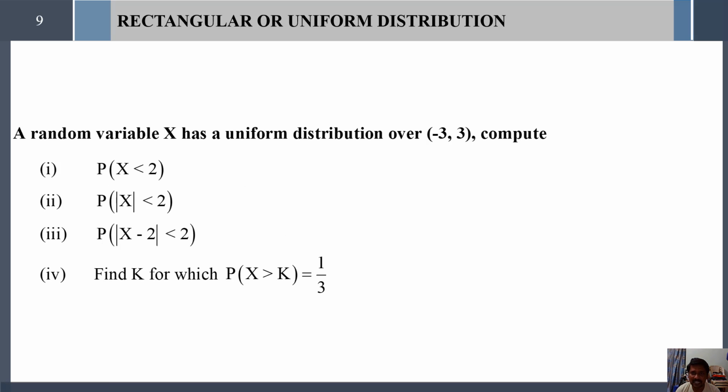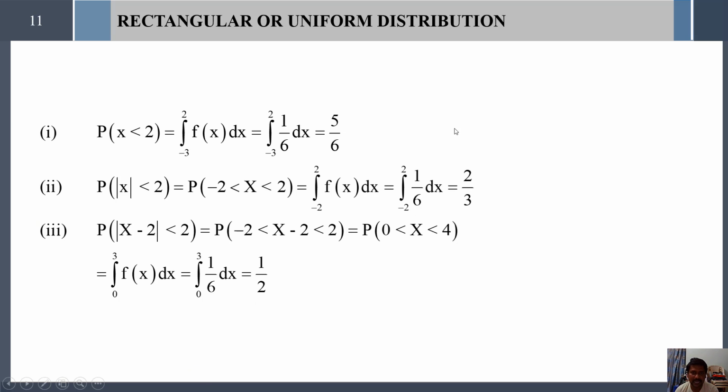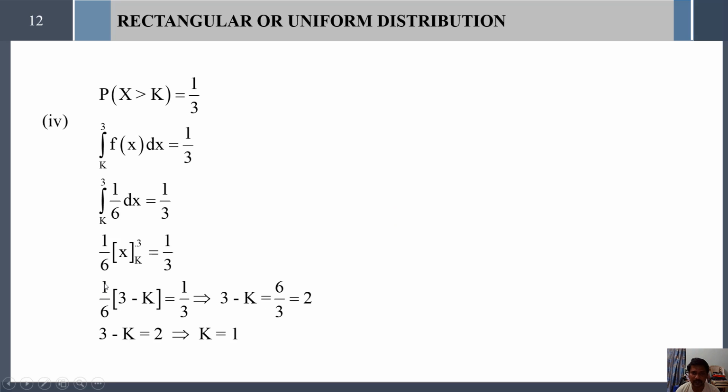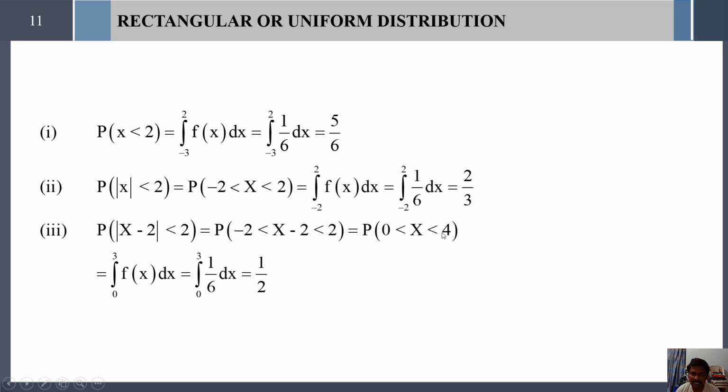Our defined interval is -3 to +3. So from -3 to +3, 0 can be there. And in the defined interval, the upper limit is 3. So you see here, the integral lower limit has been restricted as 0, so I have put lower limit 0, and the upper limit is 4.